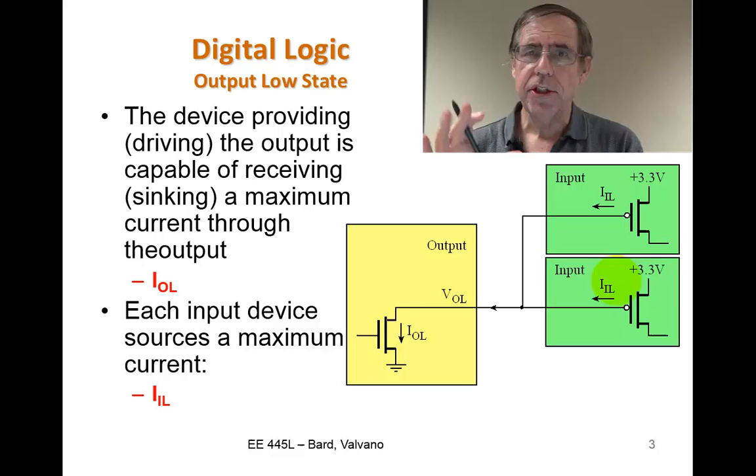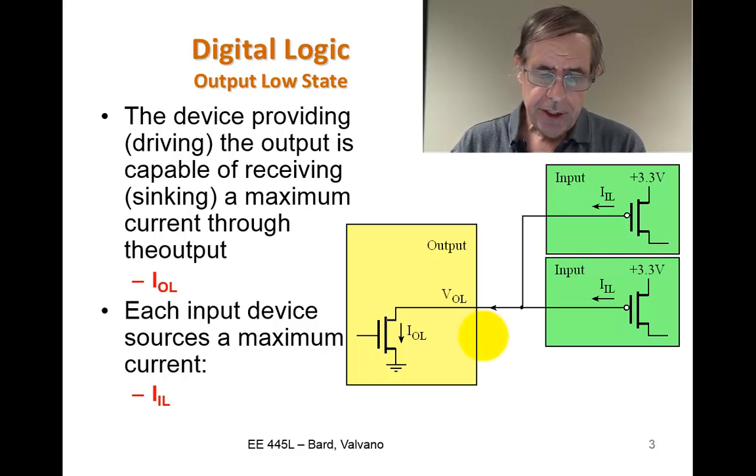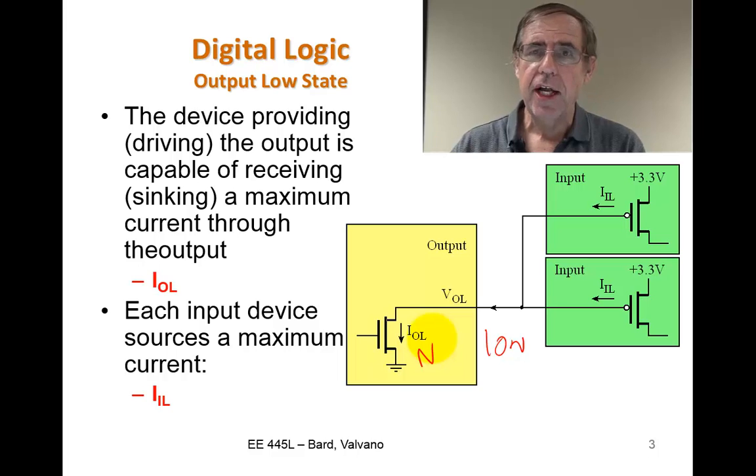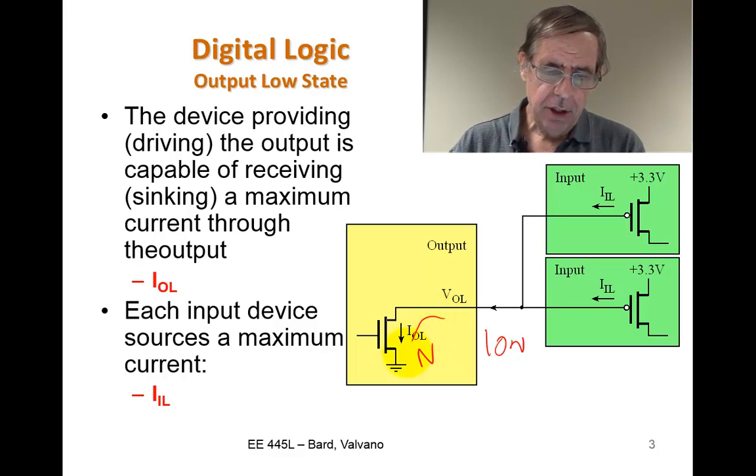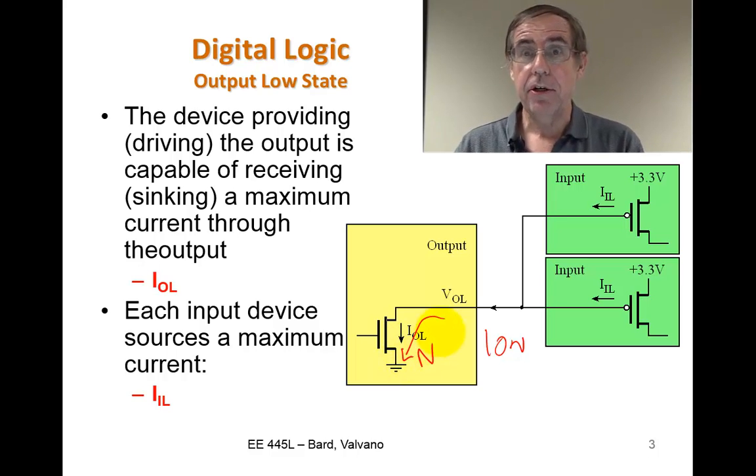We see a similar situation when the output wants to be low, except current is going to go in the other direction. Let's see how that happens. To make this output low, we're going to drive and turn on the N channel here at the output. And that will allow current to sink to ground through this output. But where does the current come from? Obviously, it comes from the inputs.